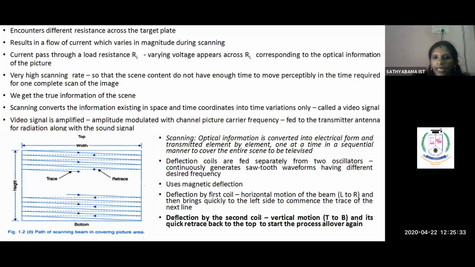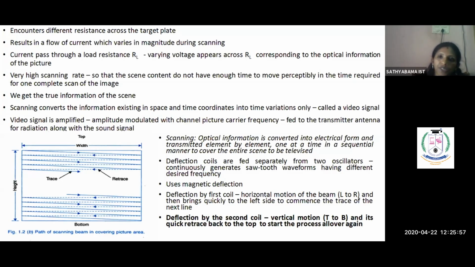Scanning is used for converting optical information into electrical signals, or electrically transmitting signals. The deflection coils are fed separately, and we use magnetic deflection here. The deflection by the first coil is the horizontal motion of the beam, from left to right.